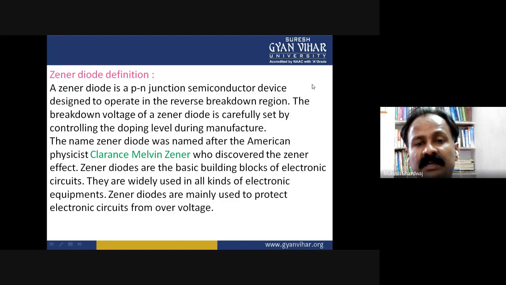The name Zener diode comes from the American physicist Clarence Melvin Zener, who discovered the Zener effect. Zener diodes are a basic building block of electronic circuits. They are widely used in all kinds of electronic equipment. Zener diodes are mainly used to protect electronic circuits from overvoltage.